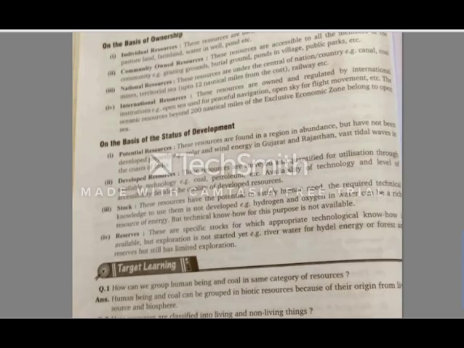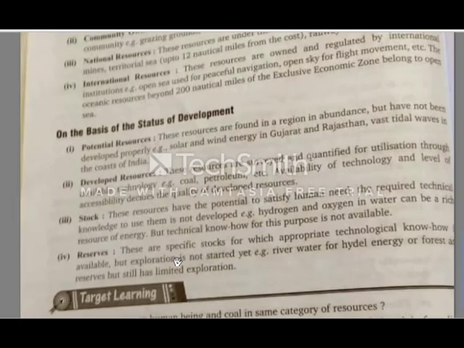Okay, let's see. On the basis of the status of development, potential resources. What is potential resources? Potential means believable, to be believed, or forceful.